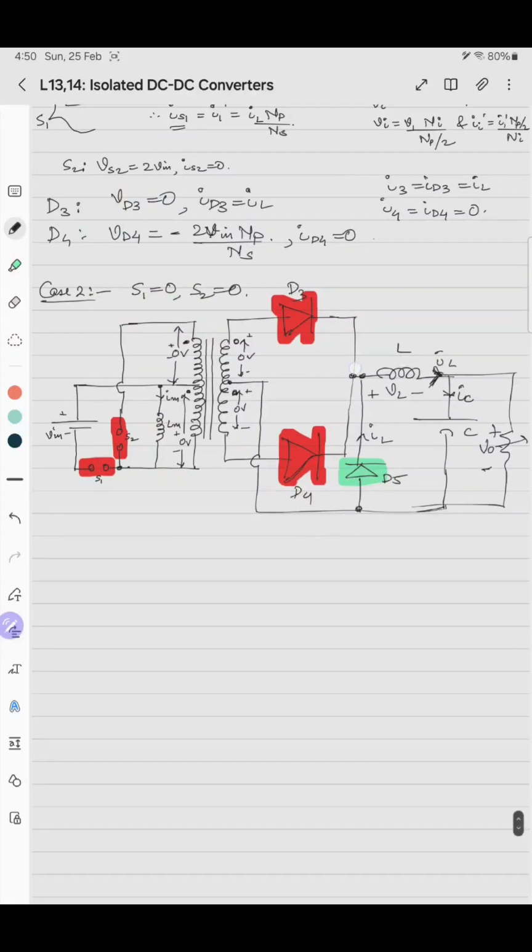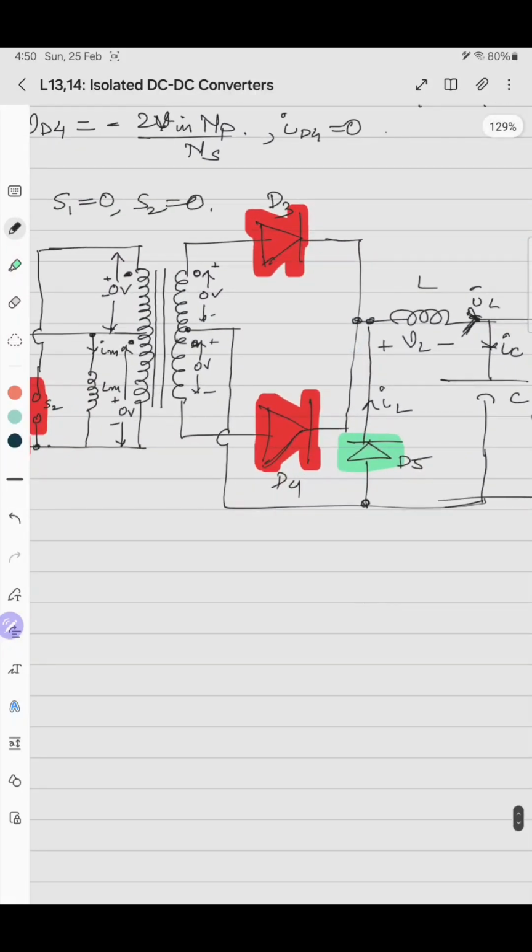Even if you don't place this diode, this inductor current which appears here, say there is no diode D5, will go across this branch, and it will be split as IL by 2 here and IL by 2 here.